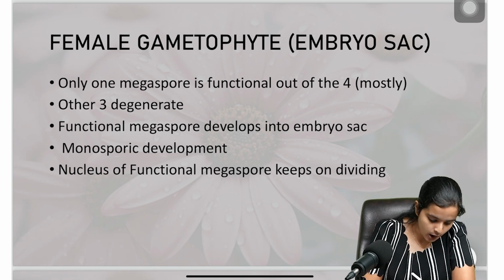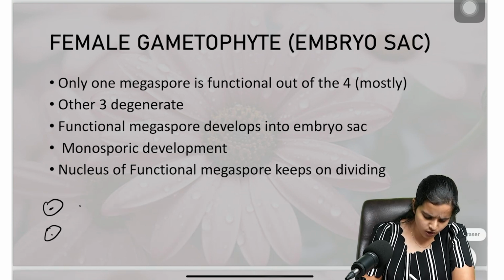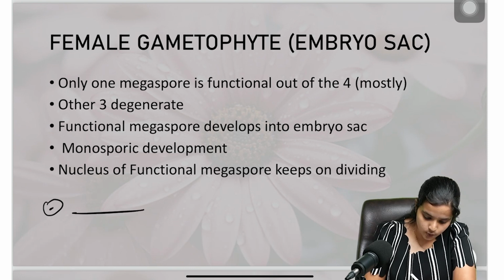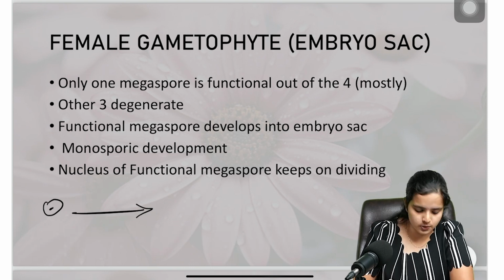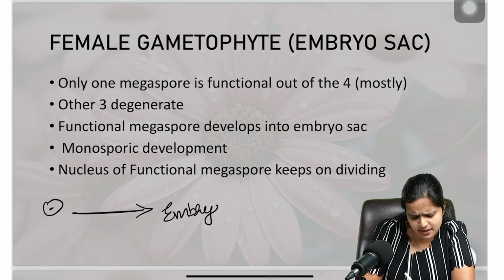So you'll have 4 megaspores in the beginning, which are all haploid in nature, but out of these 4, 3 degenerate. Only 1 will be functional, and that 1 will develop into a female gametophyte, which is otherwise known as the embryo sac.